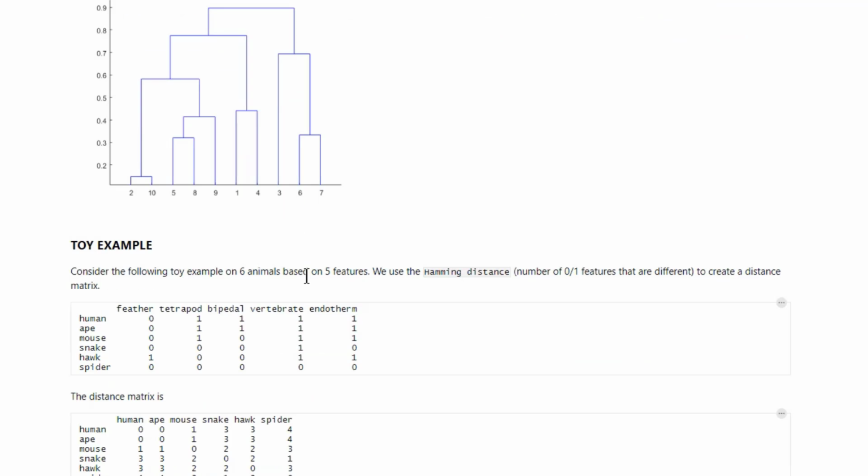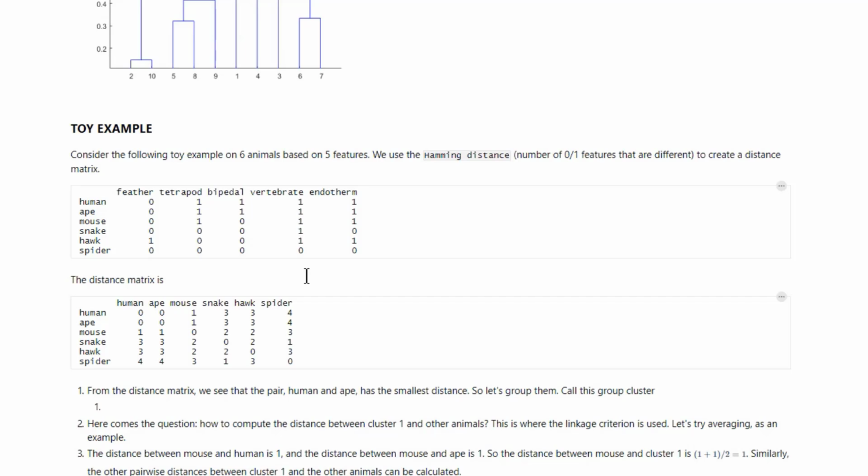Here is a toy example. There are 6 animals based on 5 features. We are going to use the Hamming distance to create a distance matrix. Hamming distance is the number of 0-1 features that are different. Thus, the Hamming distance between human and ape would be 0 because all the 0-1 features are exactly the same between human and ape.